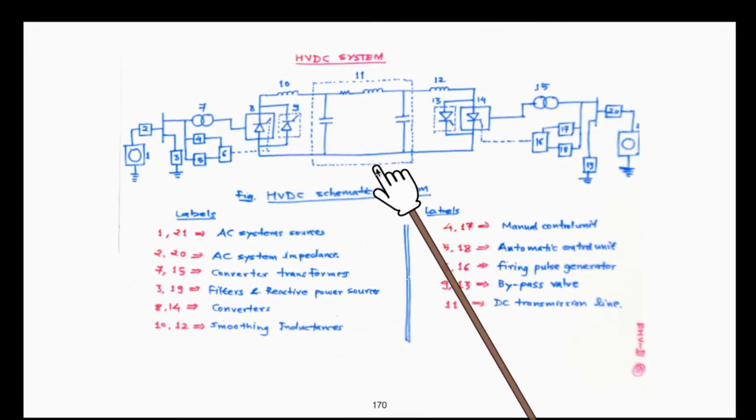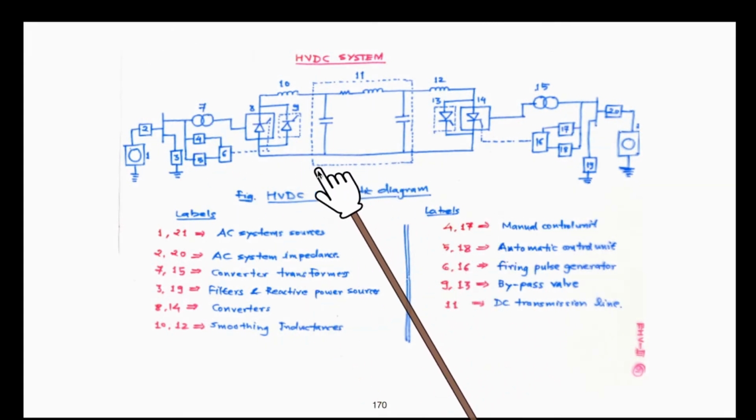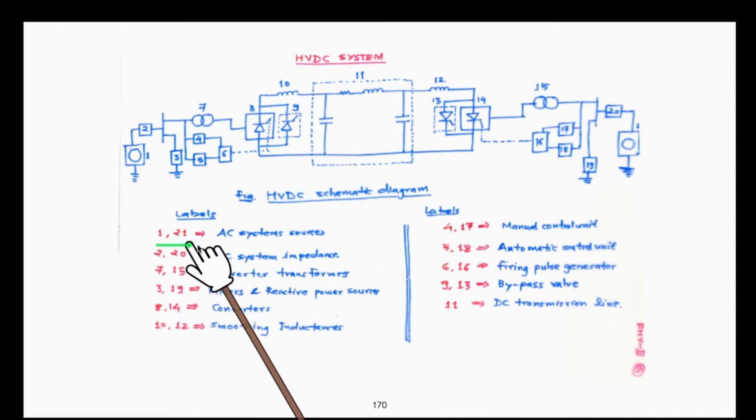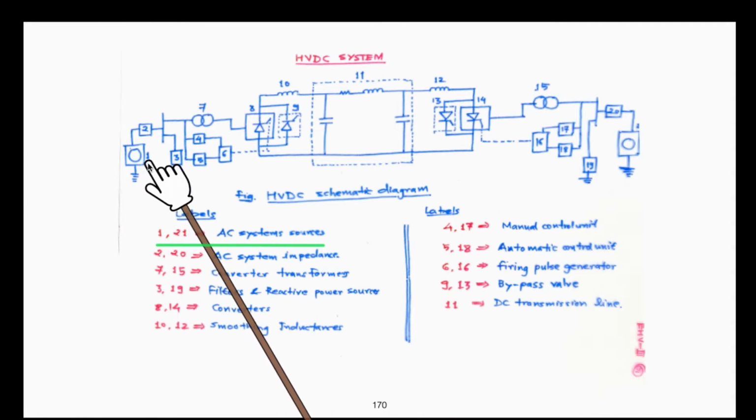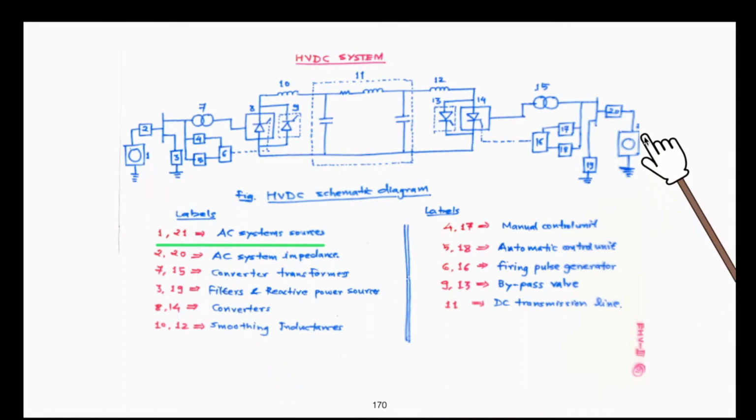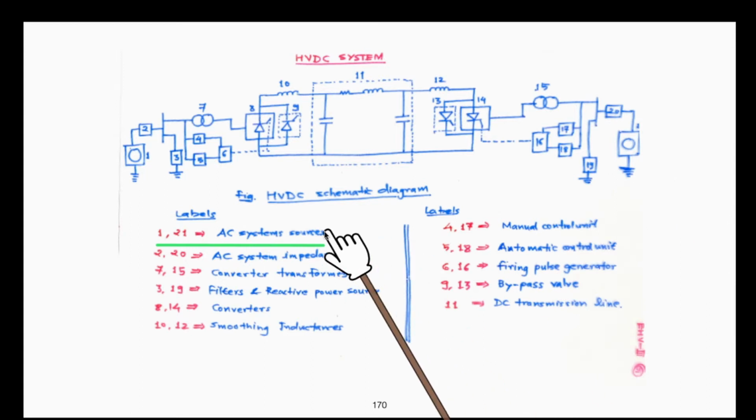So observe that we have shown various components. First and foremost, you may consider serial number 1 and 21. You can see serial number 1 here and serial number 21 here, it's not visible, maybe it's clipped. It indicates AC system sources.